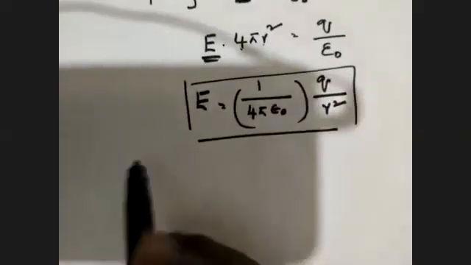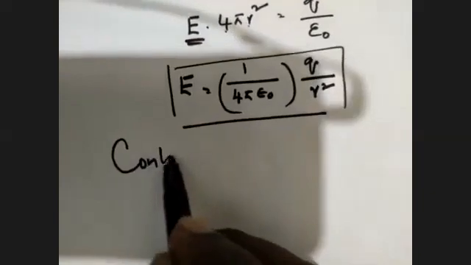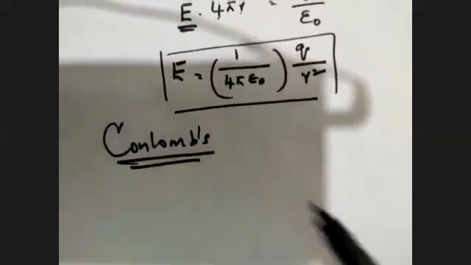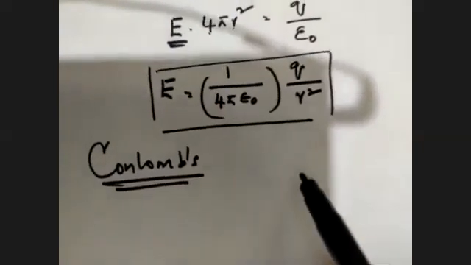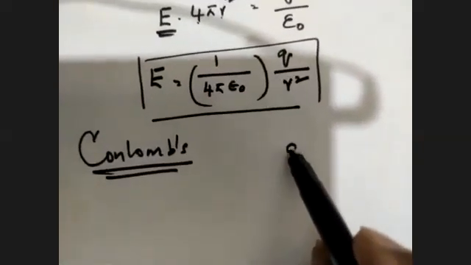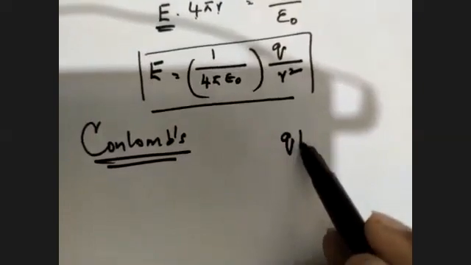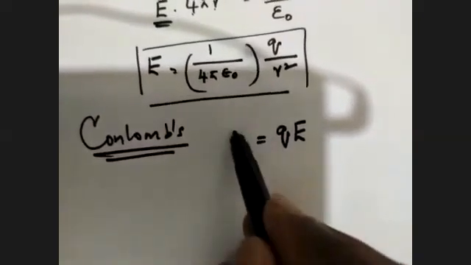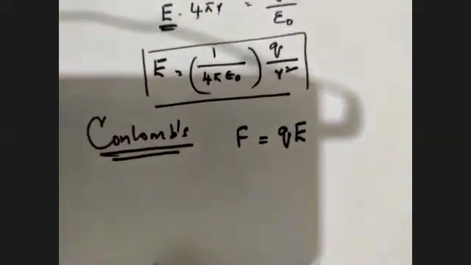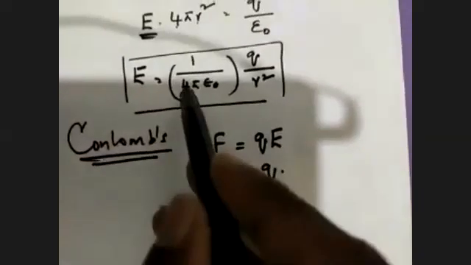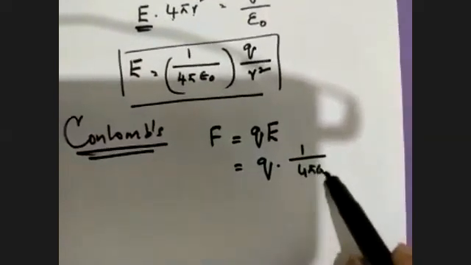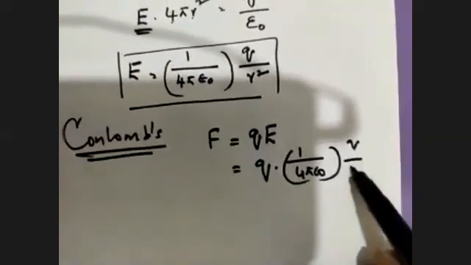From this, Coulomb's law we can also get. See, what is Coulomb's law? Coulomb's law tells about the force. What is the force formula? If Q is the charge and E is the electric field acting on it, then force is equal to QE. So here Q is the charge, and the electric field we know is 1 by 4 pi epsilon naught times Q by R square.